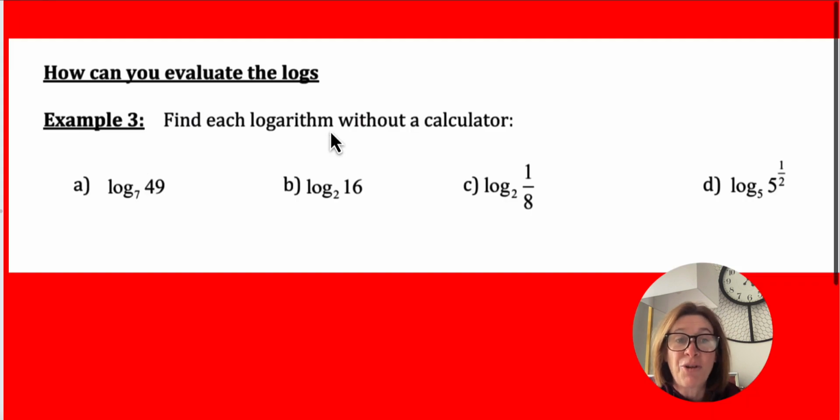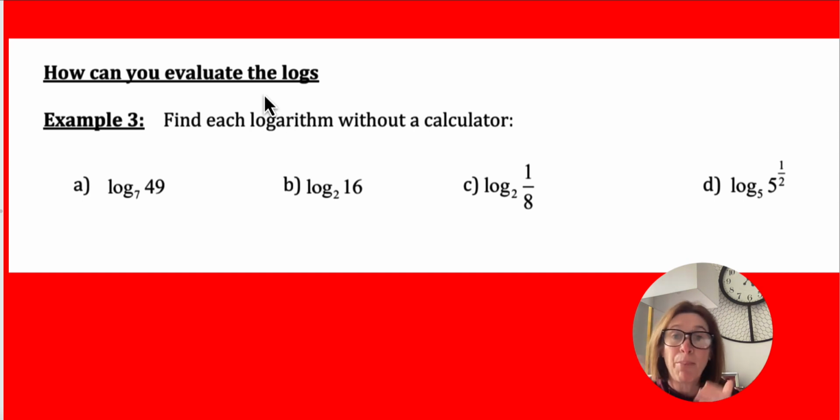I'd like us to try and now evaluate. Evaluating logs without a calculator, you have many ways. We could do it really algebraically, which is just a process, or you could say to yourself, what does a log mean? I'm going to say 7 to what power gives me 49? So come up with an answer. Well, 7 to the 2 power gives me 49.